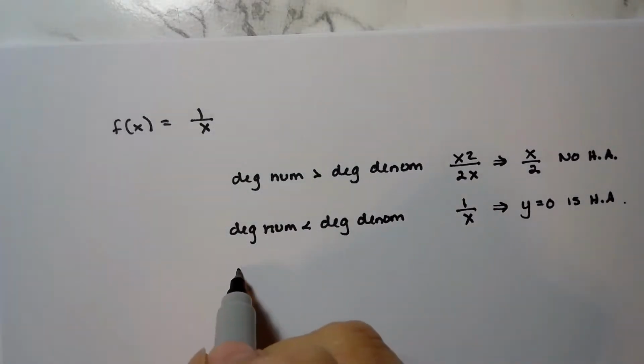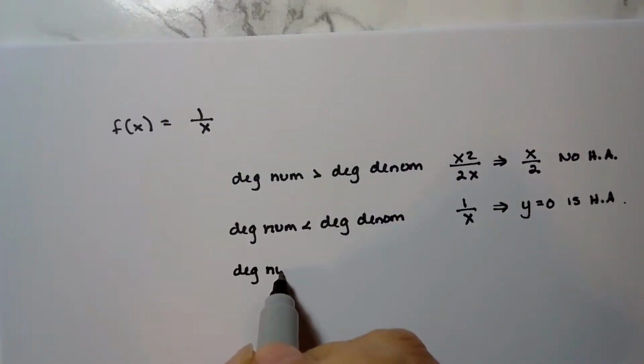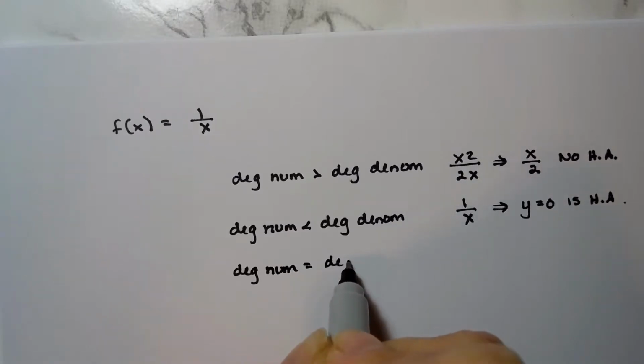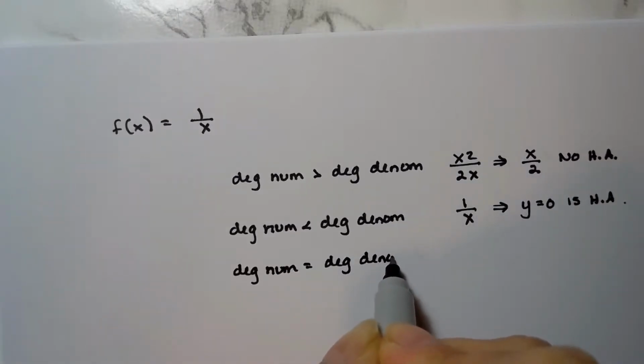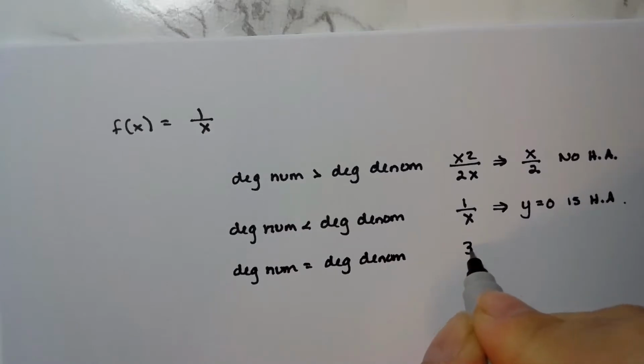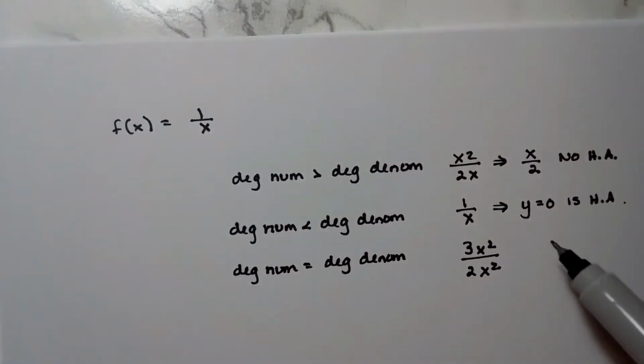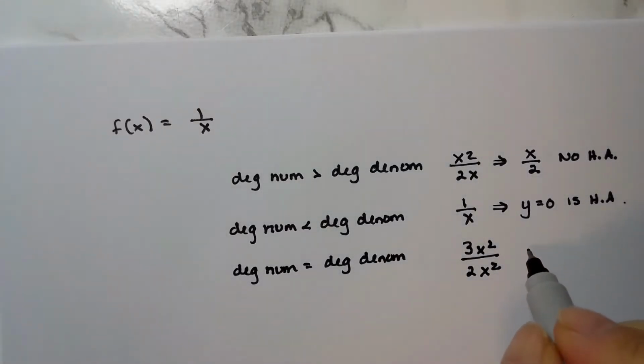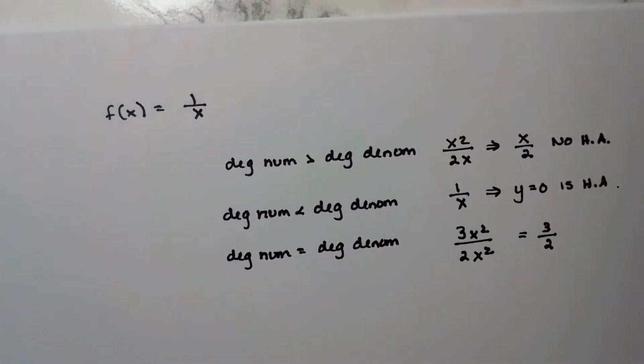And if the degree of the numerator is equal to the degree of the denominator, so maybe 3x squared over 2x squared, those cancel because they're the same. What we're going to have is a horizontal asymptote at the ratio of the leading coefficients.